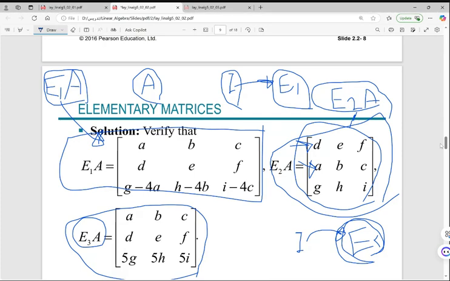So E1A is exactly the same as applying row replacement on A, E2A is exactly the same as applying row interchange on A, and E3A is exactly the same as applying row scaling on A. So sometimes instead of applying a row operation on a matrix, we consider applying the same row operation on the identity matrix, build an elementary matrix and multiply that elementary matrix with our matrix. They are the same. Okay?